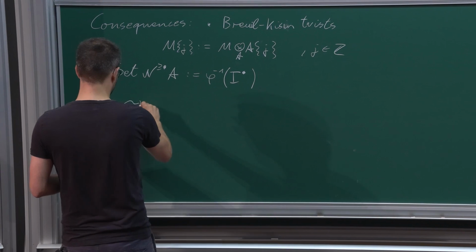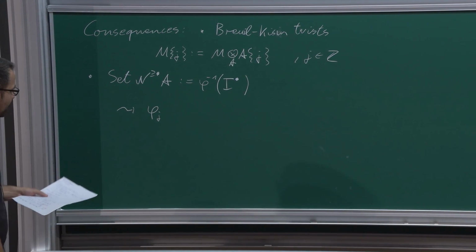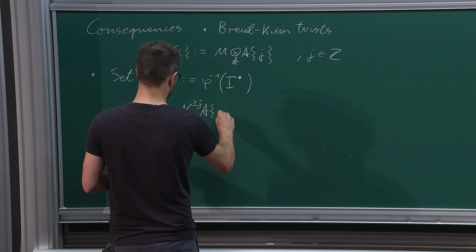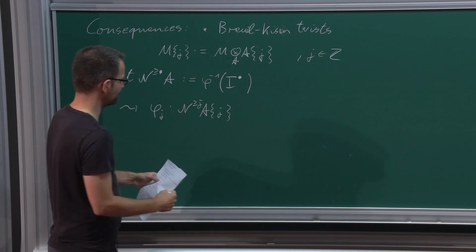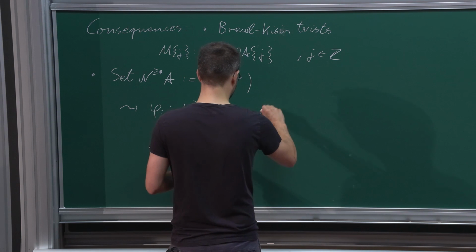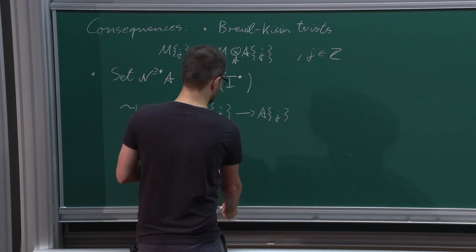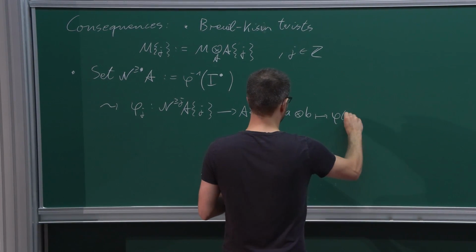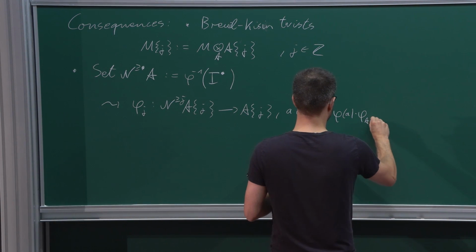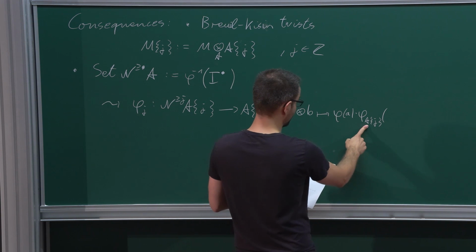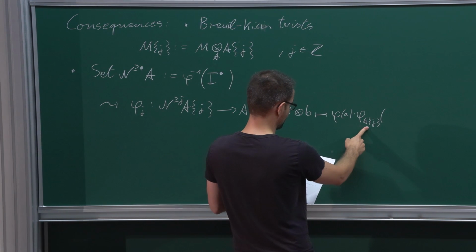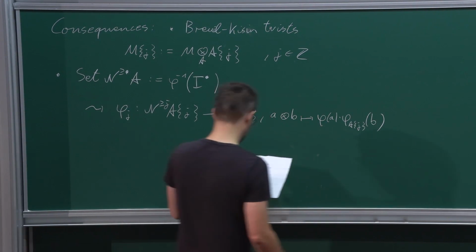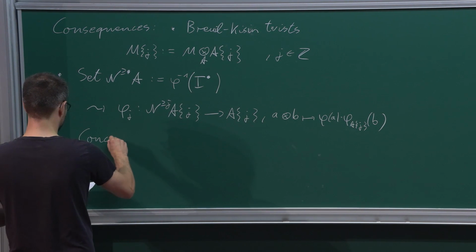And then one obtains a natural Frobenius phi_j on the Breuil-Kisin twisted Nygaard filtration to the jth Breuil-Kisin twist by sending some a tensor b to phi of a times phi of b, the Frobenius on this jth power of the Breuil-Kisin twist. And so concretely this means the following.